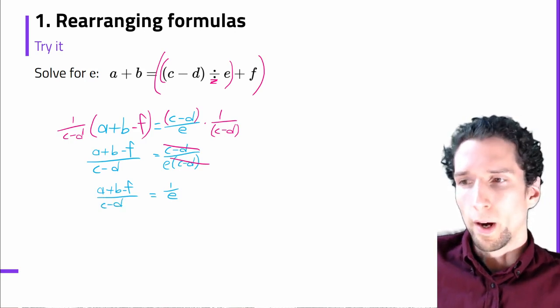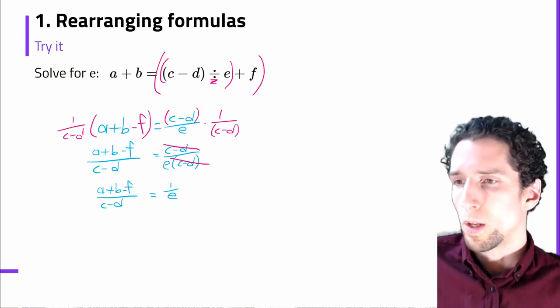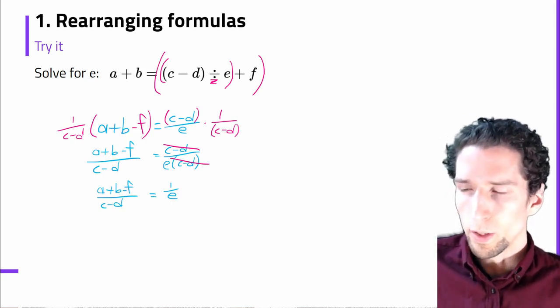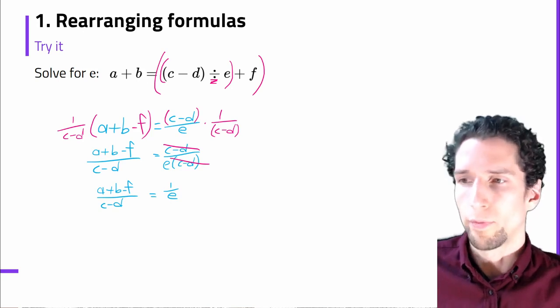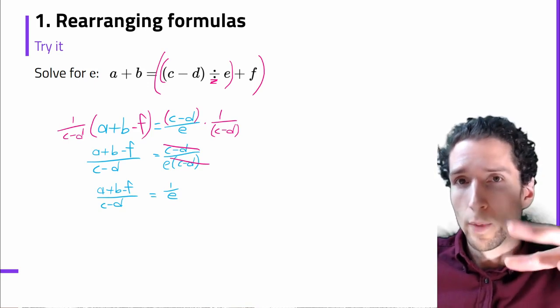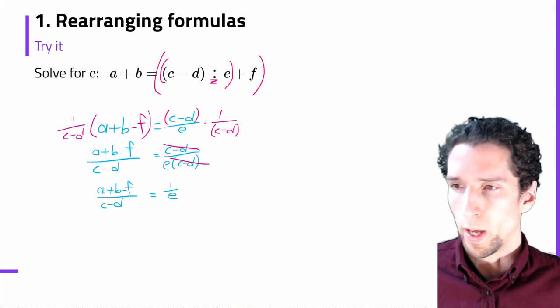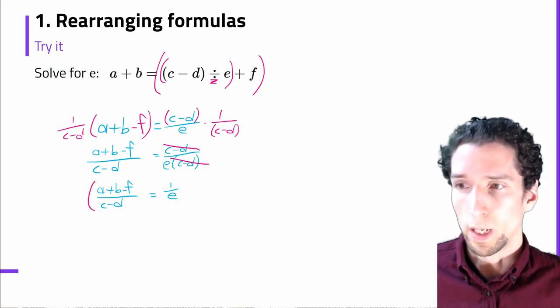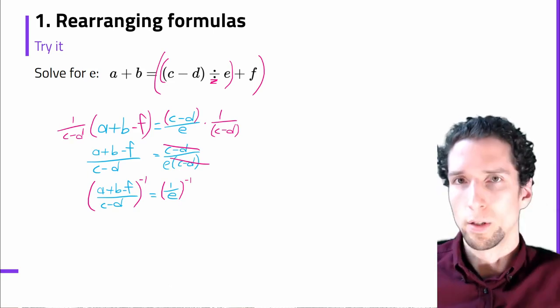Okay, well, we're almost there, but we have 1 over e and we don't want that. We just want e. So what we can do here is a few different things. But if we just invert, we take both sides and we just flip them upside down, which we can do with an exponent of negative 1, the formal way of doing this, but just flipping over the fractions on both sides.